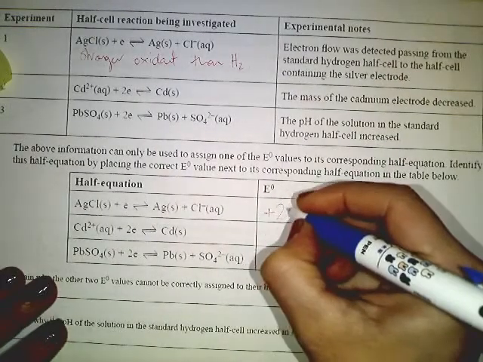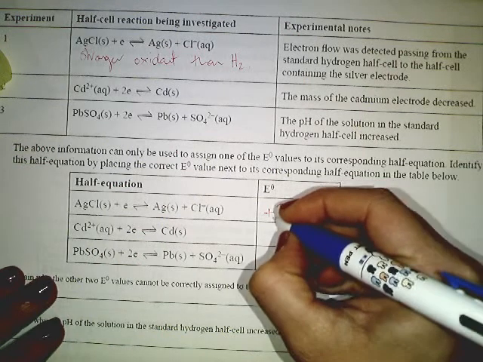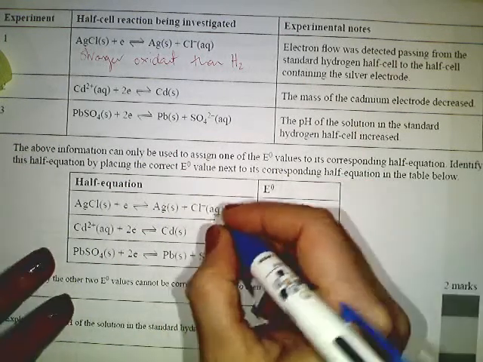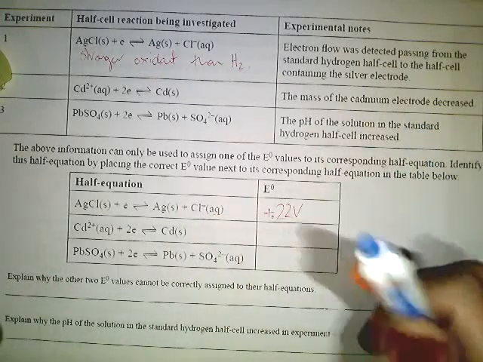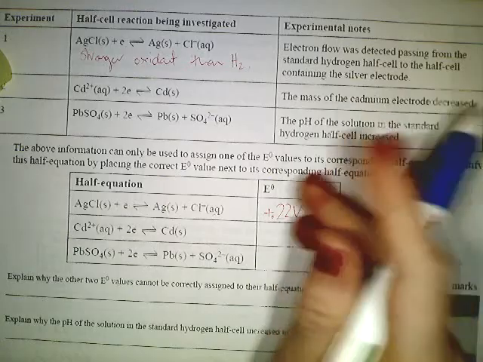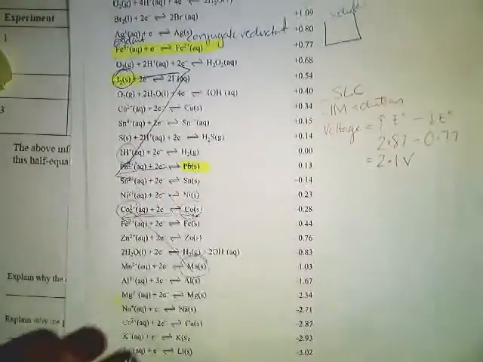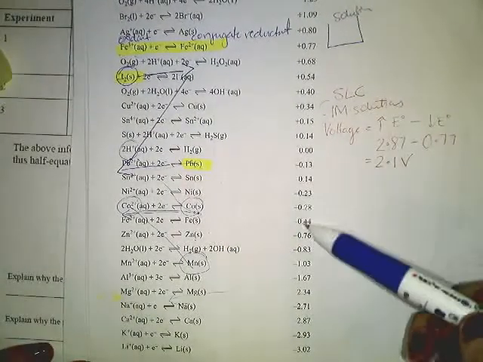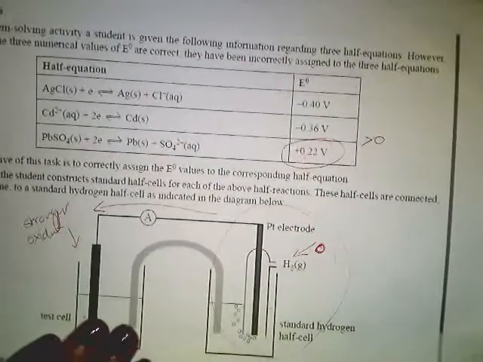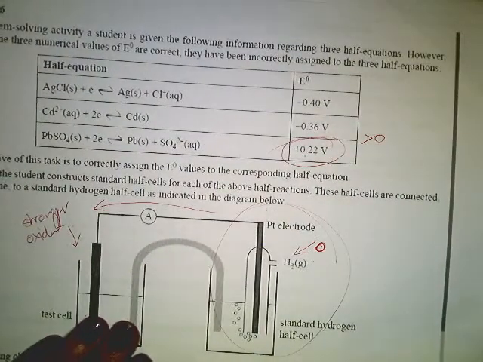So that must belong to 0.22 volts to this one. Now let's check the other ones. The cadmium, first of all, before we check it, you have to know that they are actually below the 0 because the other two values left are negative.